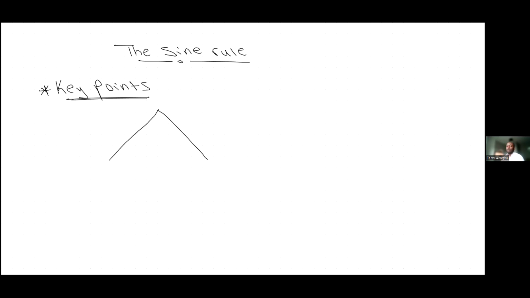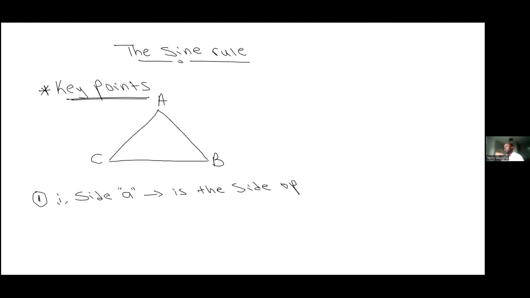Let's call this vertex A, this one B, and this one C. What I need you to know here is, number one, side A, the small letter a, is the side opposite angle A. So if this is angle A, side A is going to be this side here.